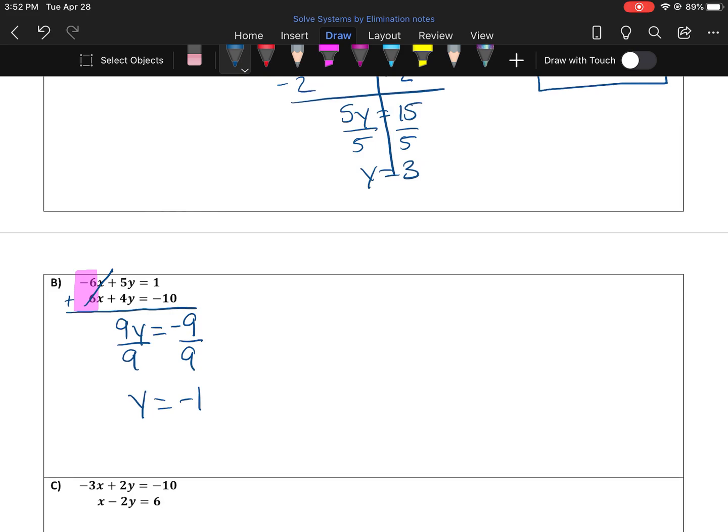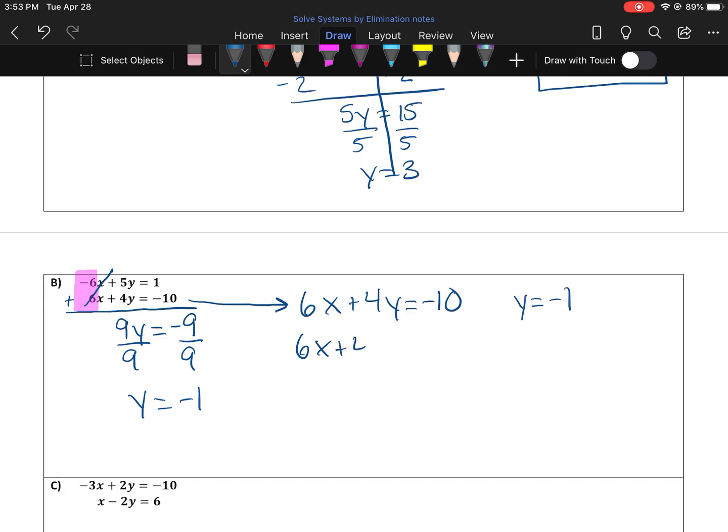But I need to know what that other number is. So I'm going to take this, substitute it back in. I'm going to use the bottom equation. Again, it doesn't actually matter which equation you pick though. So I'm going to bring that over. y is equal to -1, we just found.